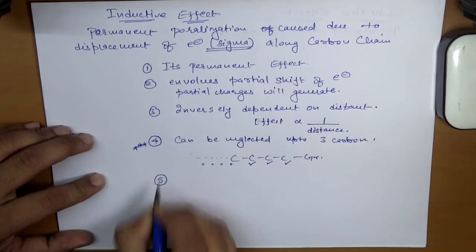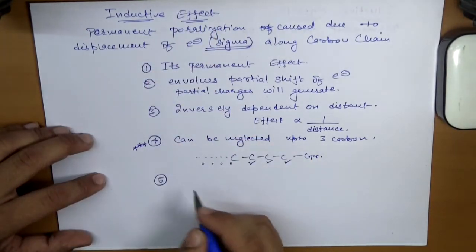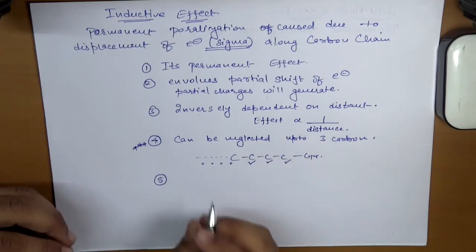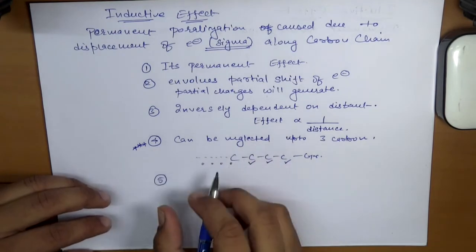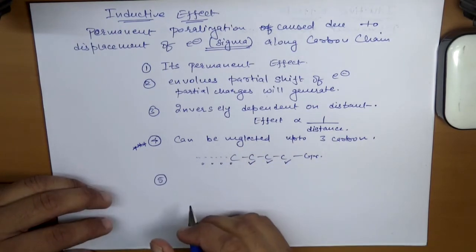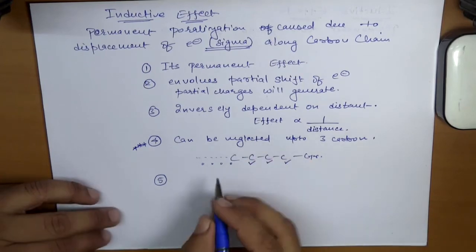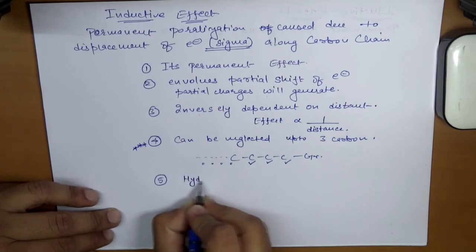And fifth, when scientists discovered these kinds of effects, they needed to make a scale, and every scale should have a 0. In the scale in which we measure compounds and groups showing inductive effects and their polarizations, the 0 is hydrogen.